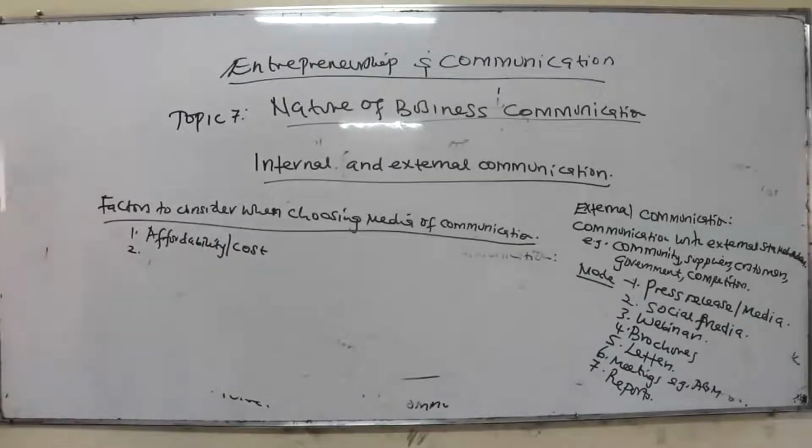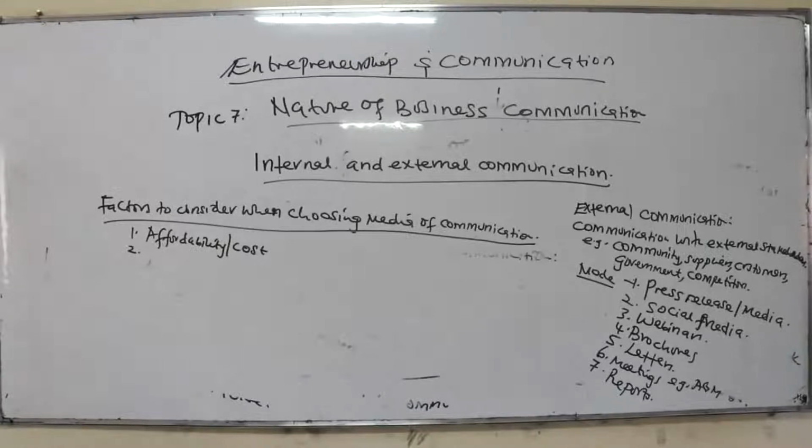Number two, what else do you take into consideration? I'm going to get the answers from you people. Just write to me. I'm waiting for you to write the factors to consider when choosing the media to communicate through.